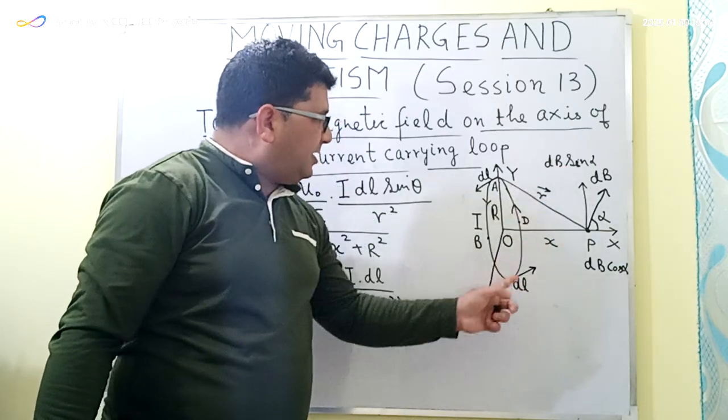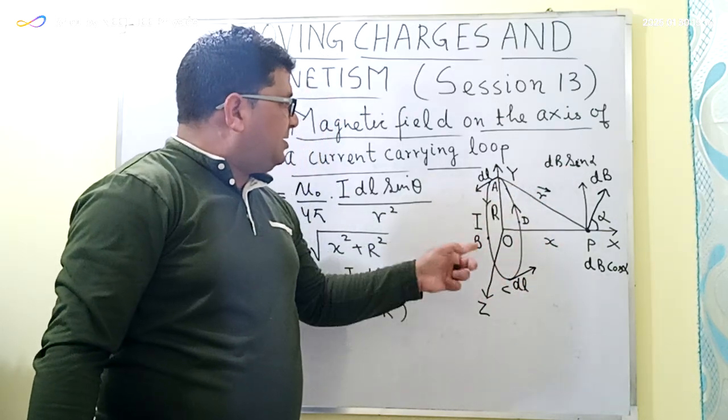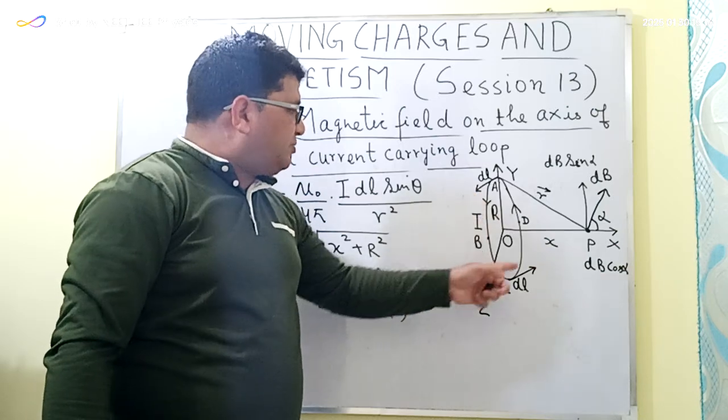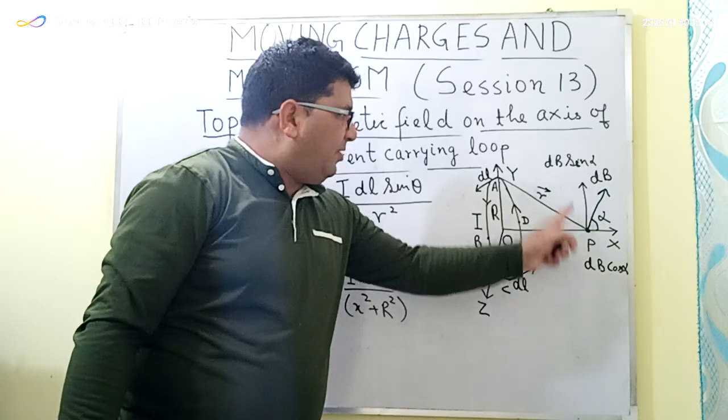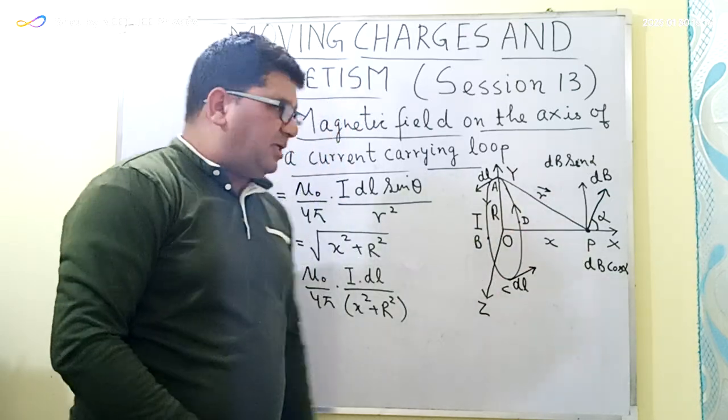Now the horizontal component, because of all these conducting elements dl which make up this circular loop, will be added up, whereas the vertical components will cancel out each other.